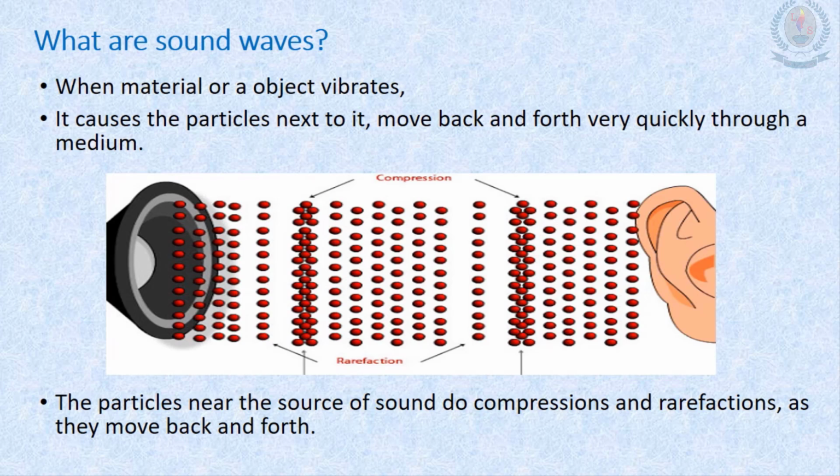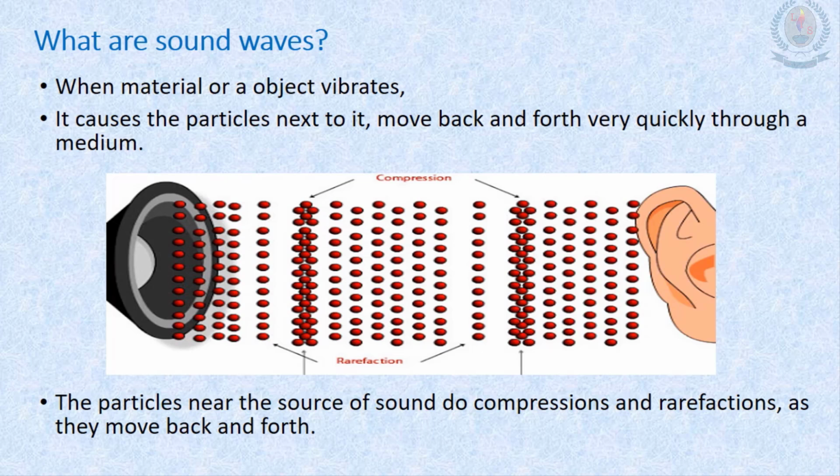What are these sound waves? When a material or object vibrates, the particles next to it also begin to vibrate. That means they are moving back and forth very quickly. Then the particles near the source of sound do compressions and rarefactions.